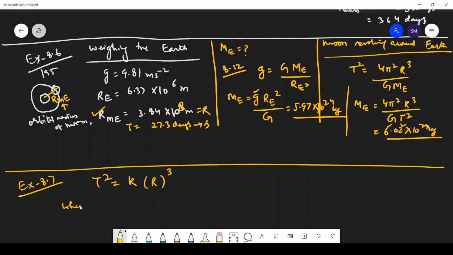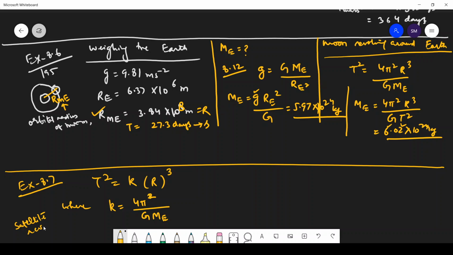Where K is equal to 4 pi square divided by G M e, right?